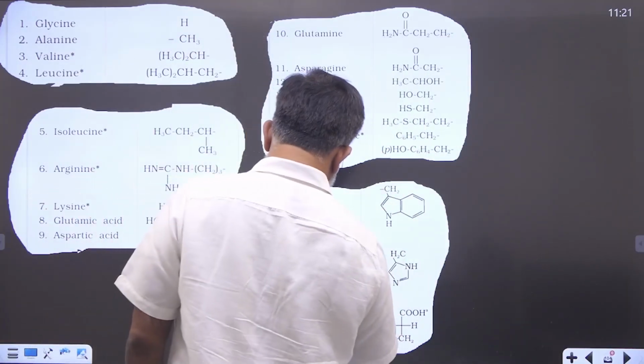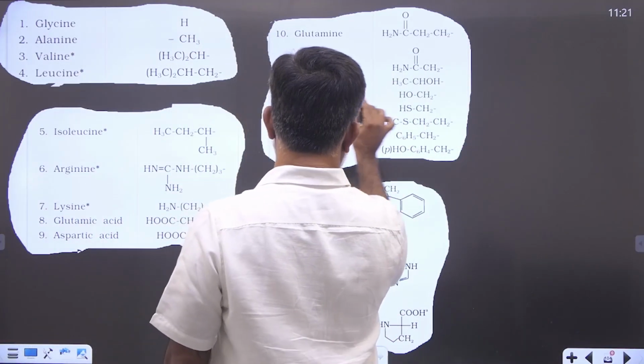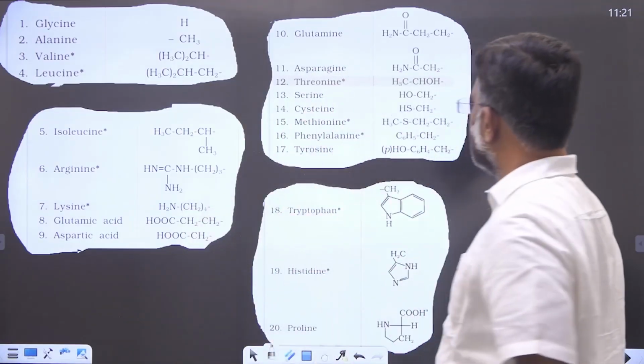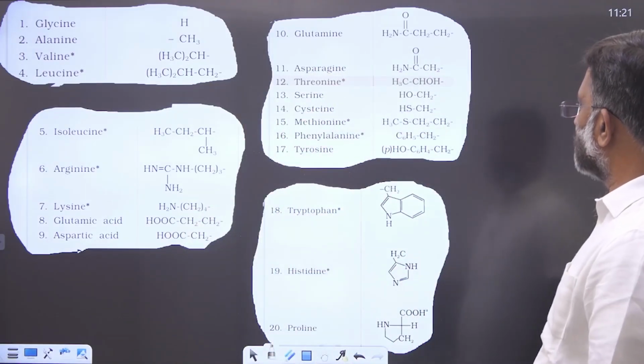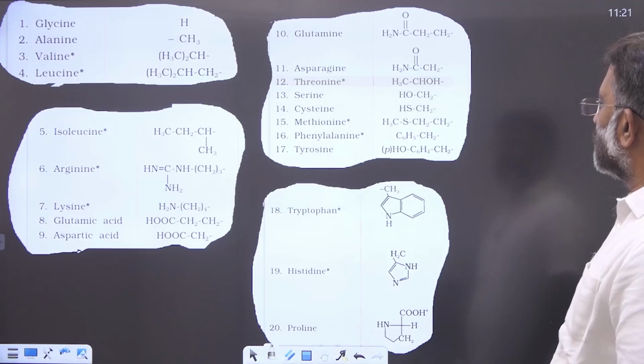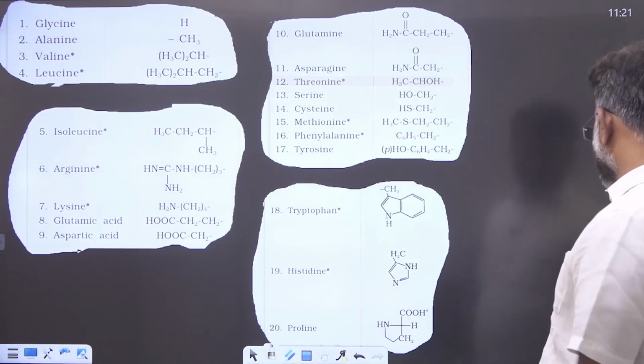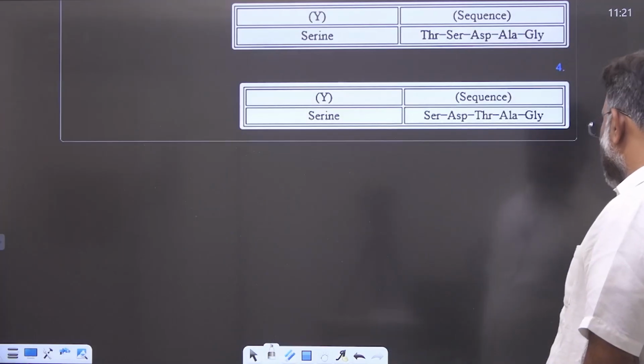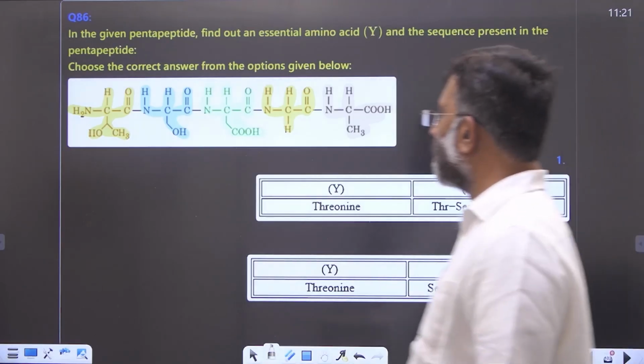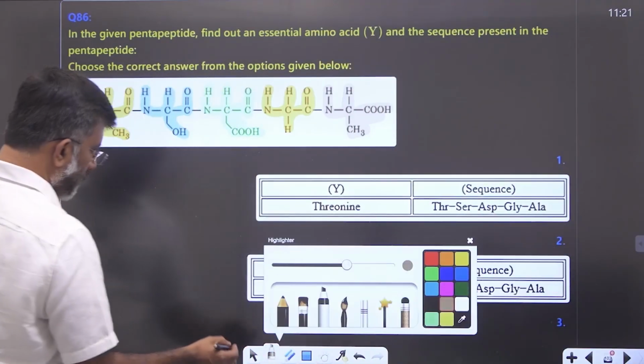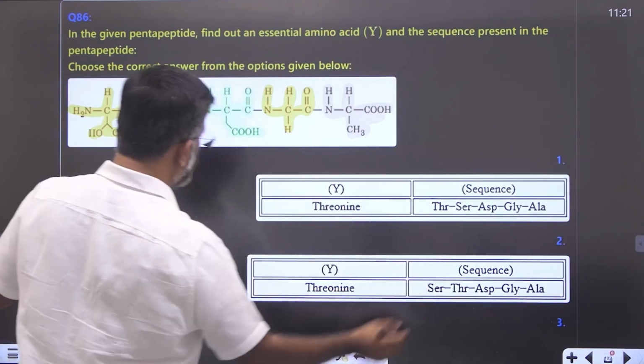Have a look at which is an essential amino acid. Threonine, CH3 CHOH group. This is threonine, which is an essential amino acid.